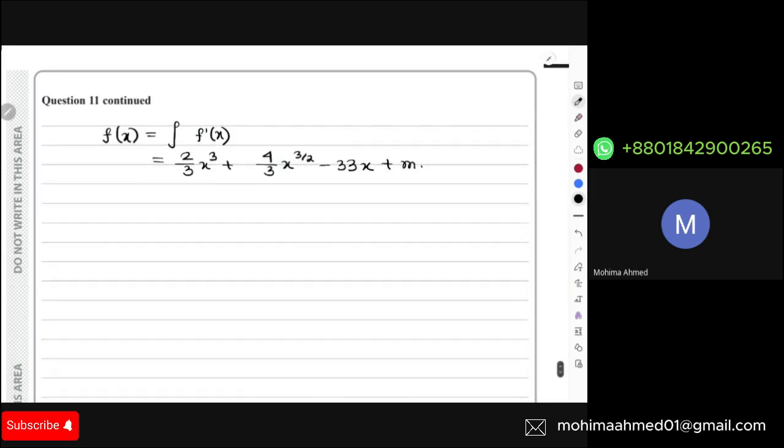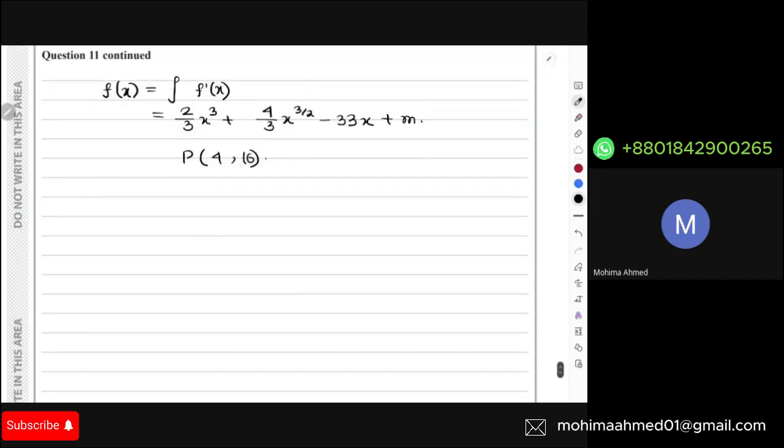This time the constant, I'm referring to it as m, since I've already used c for the previous part. So now use the coordinates of your point P. At point P, the coordinates were 4 and 16. So f(4) is going to be 2 by 3 times 4 to the power 3, plus 4 by 3 times 4 to the power 3 by 2, minus 33 times 4, plus m equals 16. I'll just write this down entirely.